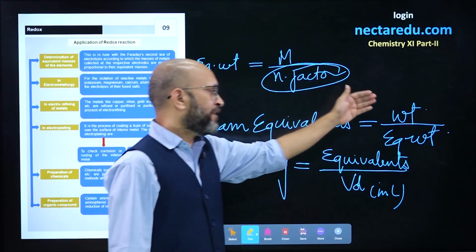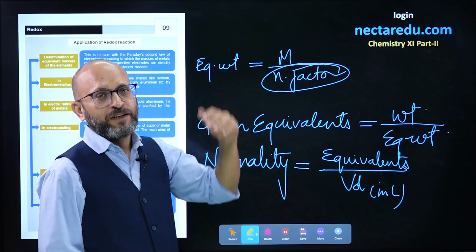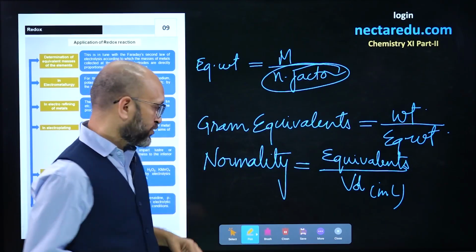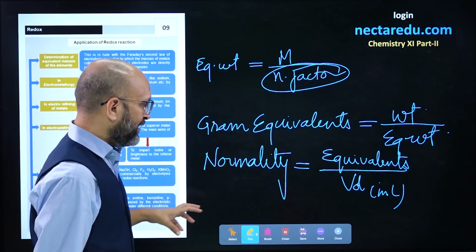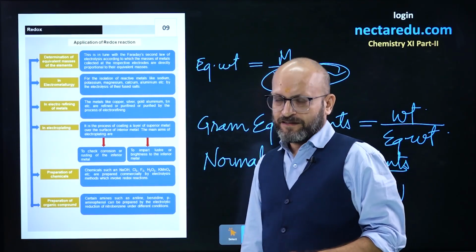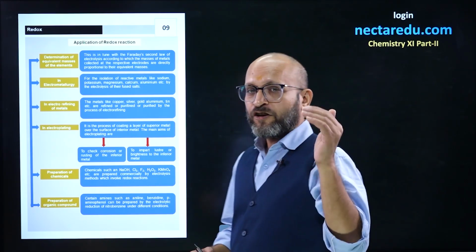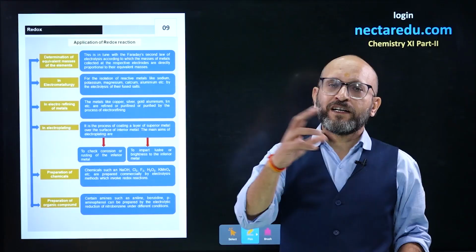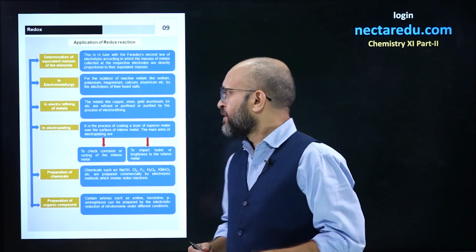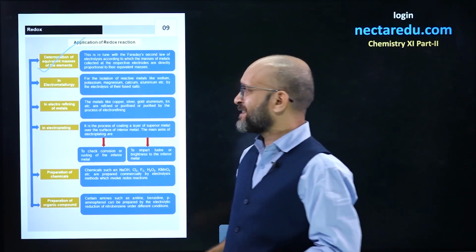For gram equivalents, again we make use of equivalent weight, for which we need to understand the n factor, and redox reactions are required. So for all these purposes, we need to understand redox reactions and how to calculate the n factor for them. So the first use was in the determination of equivalent masses.